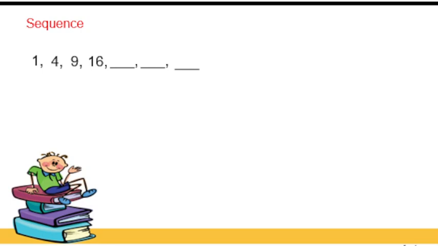So 1 is for 1, 4 is 2, 9 is 3, and then 4, 5, 6, 7.